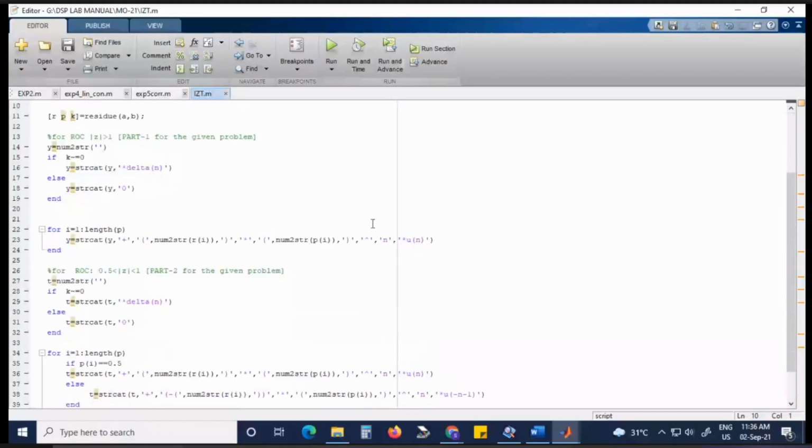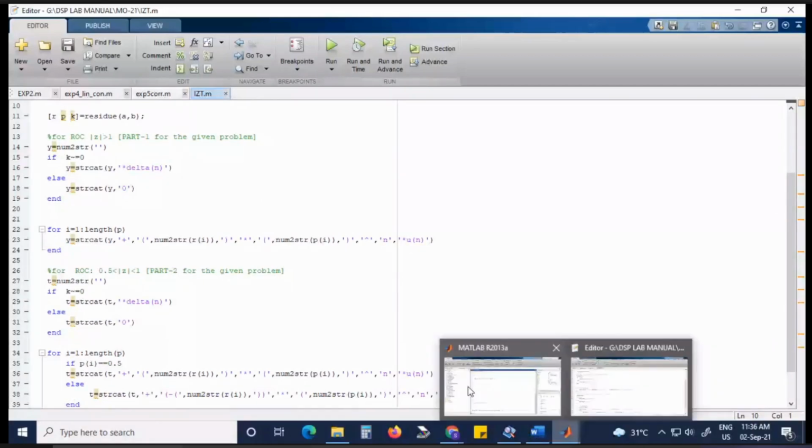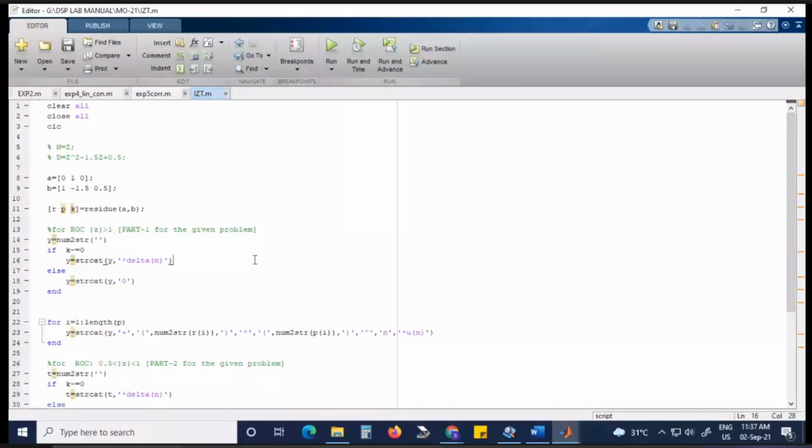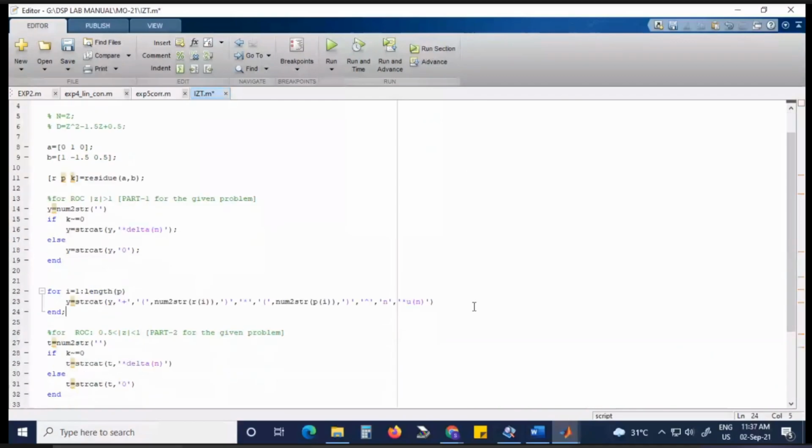You can see the output. Yes, this is the output. Let me use the semicolon over there. Semicolon को ऐड कर दे रहा हूँ हम, otherwise each time it will show the output.